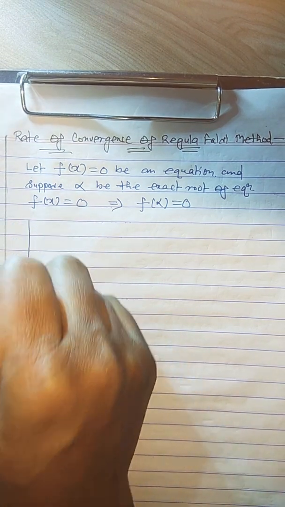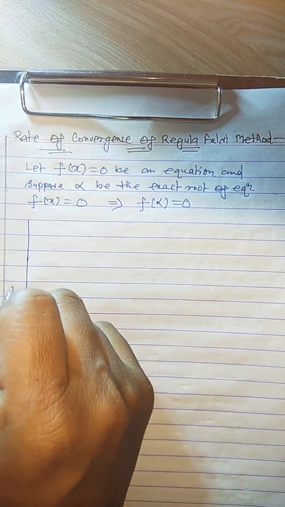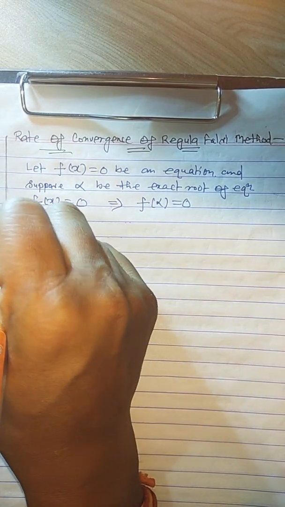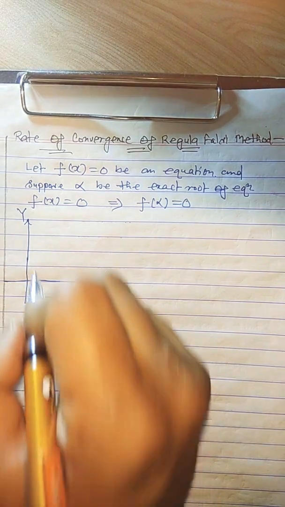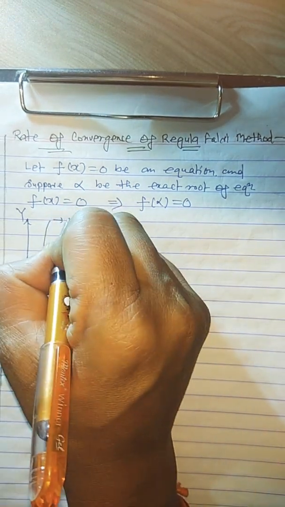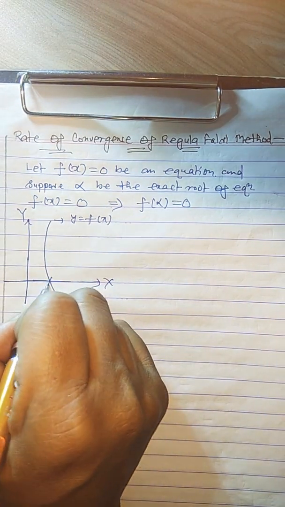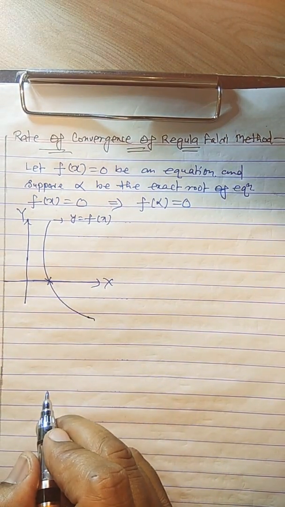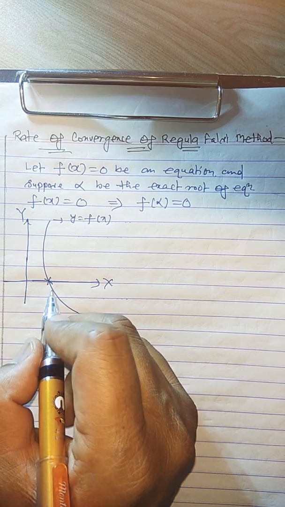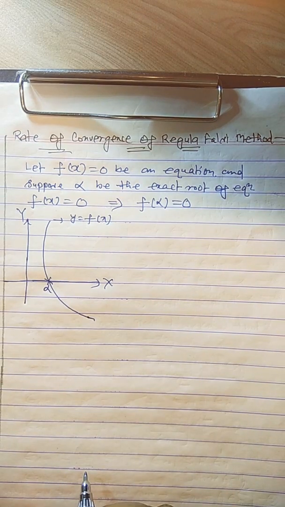Now we will see how geometrically method of false position or Regula-Falsi method works. Suppose this is x-axis, this is y-axis. Suppose this is the given curve y = f(x), and when this curve crosses the x-axis, at that point the value of y will be 0, meaning here we get the exact root, and suppose this is the exact root alpha.